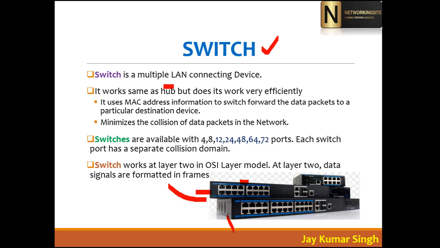Switches are available in multiple ports like 4, 8, 24, 48, 36, 64, 72. So there are different types of switches which you will find in your network, with different ports, different models, different series.